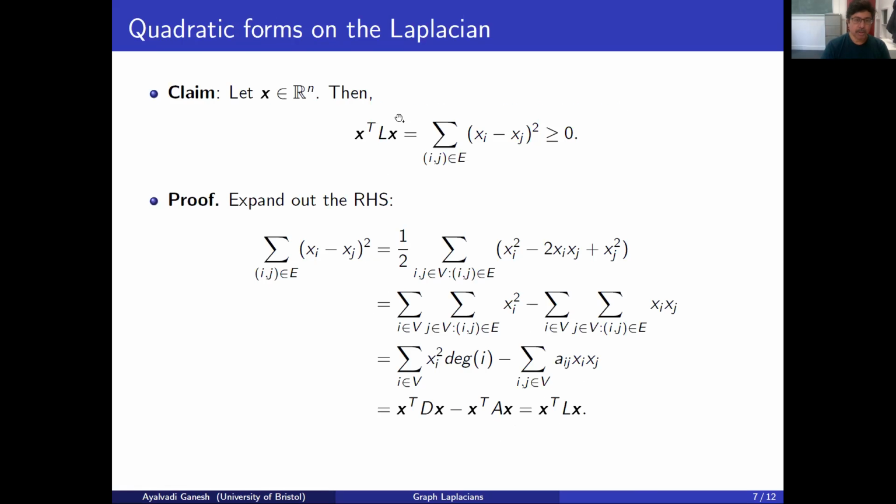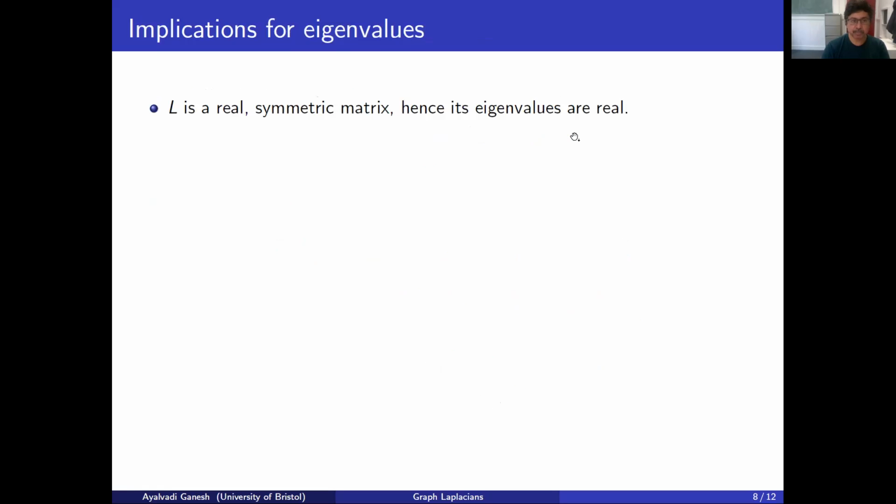Okay, so we've shown that for any x in R^n, this quadratic form x transpose Lx has this representation as the sum over edges of (xi minus xj) squared. And because it's a sum of squares, it's non-negative. And we can use that calculation to say something about the eigenvalues.